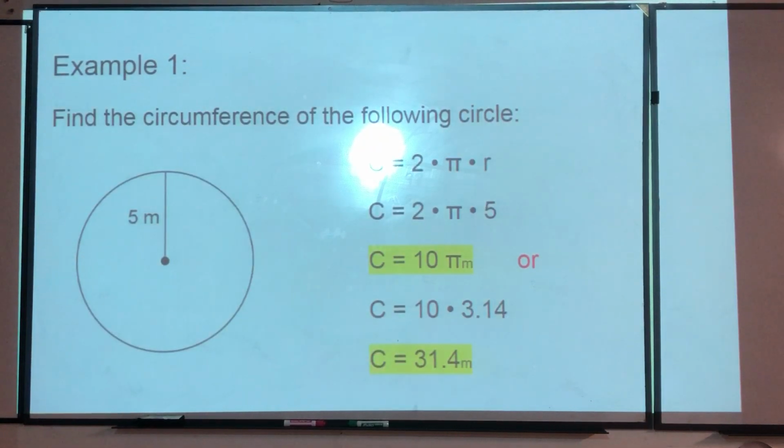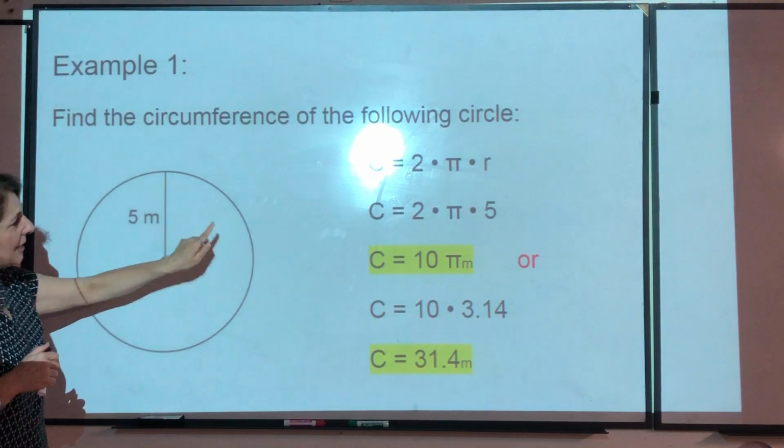See an example. Find the circumference of the following circle. So we have a circle here that has a 5-meter radius. So how do we find that? We plug it in the formula. So C equals 2 times pi times r. Circumference is going to be 2 times pi times 5.